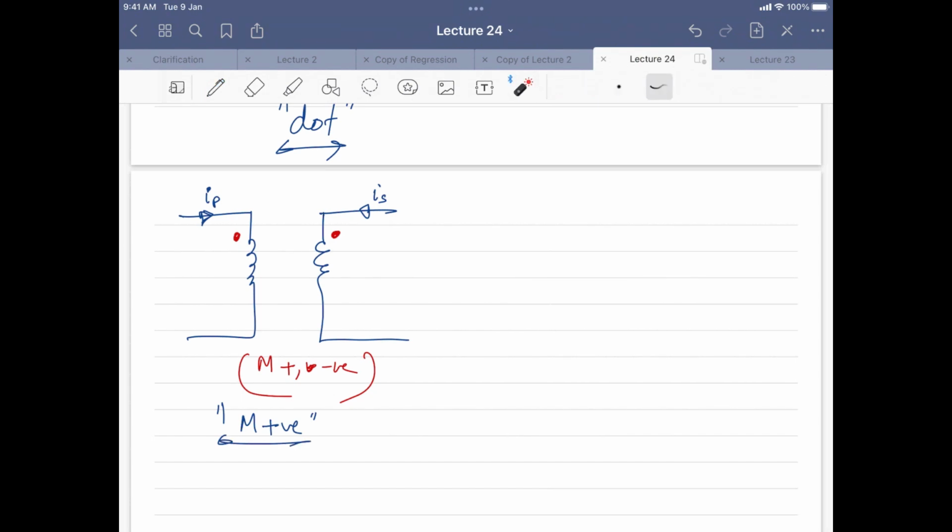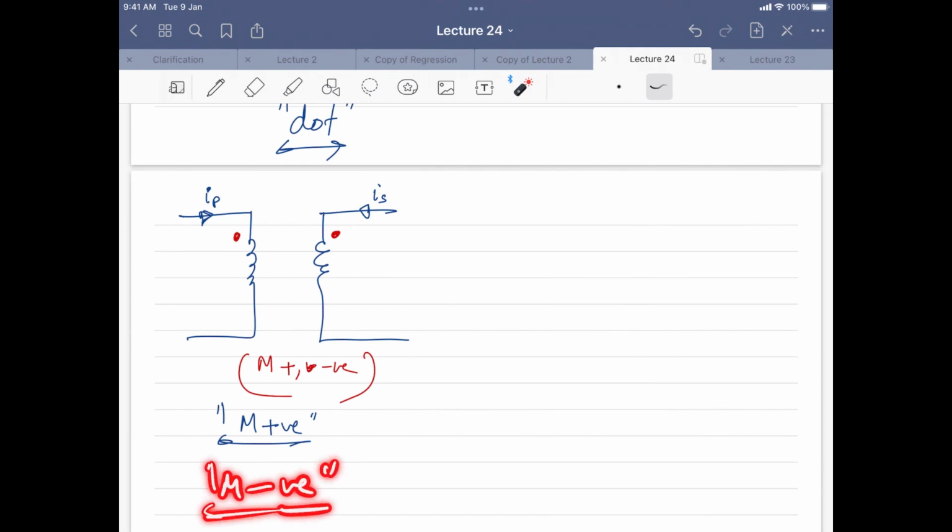In both cases, flowing into the dot, we take it as positive. And if the current is flowing outside the dots in both cases, then we use M as negative.